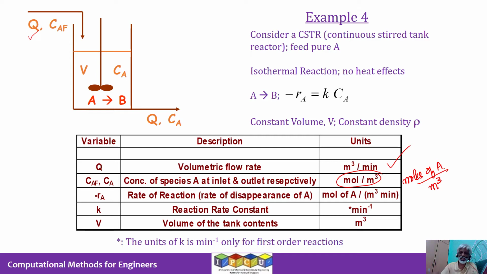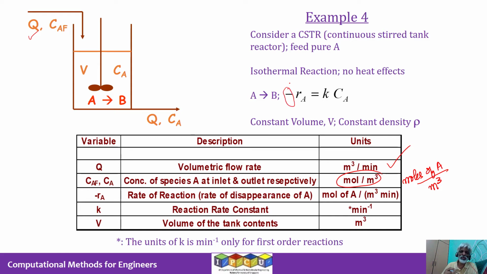That means the rate of the reaction, right, for this reaction A going to B, what is the rate at which this reaction proceeds? So the symbol for rate of the reaction is R, and because we are talking about species A, it is denoted by the symbol RA. And since A is the reactant species and its concentration will go down because of the reaction, we indicate it with this minus.